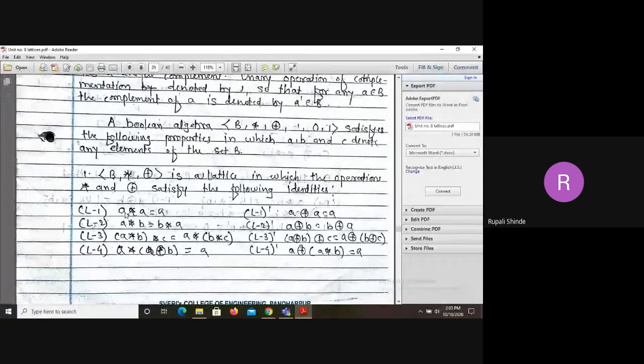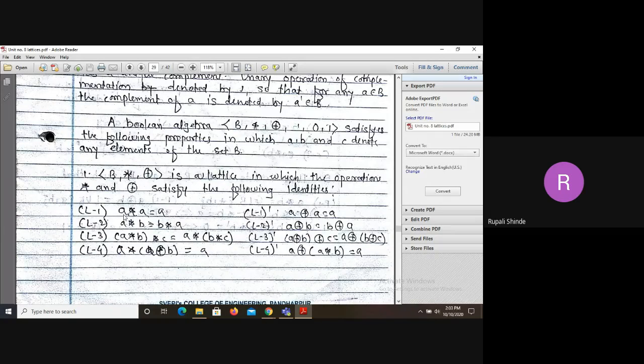First property is the idempotent property. A star A equals A. Now we have to take its complementary property, and that is for the XOR operation. Keep in mind that whatever first 4 properties we have defined are for the meet operation, that is the star operation, and the remaining 4 properties are for the XOR operation, that is the join operation.